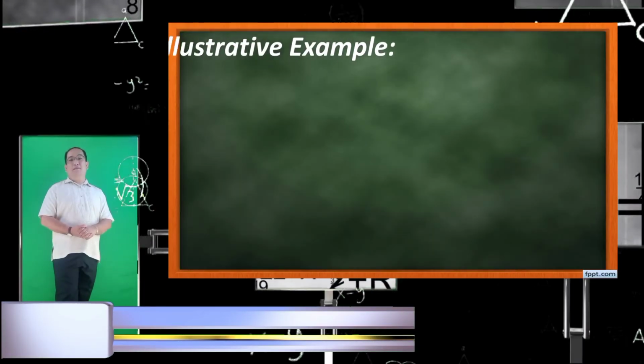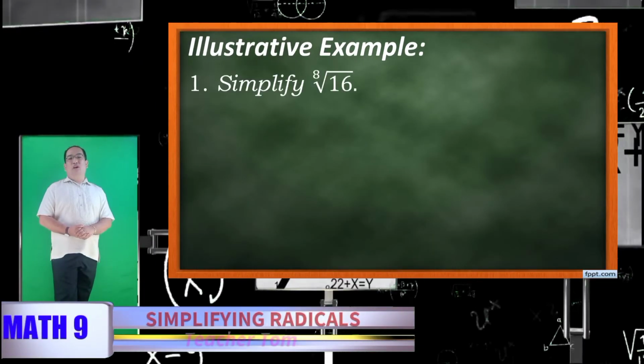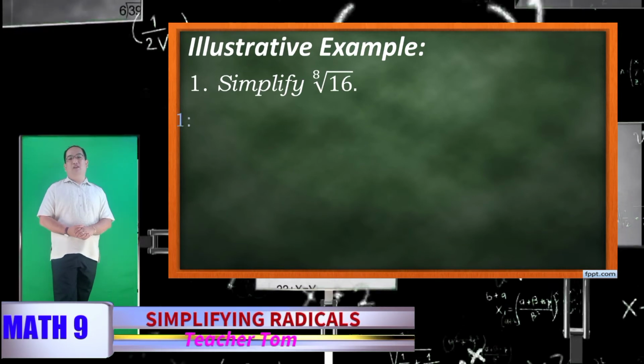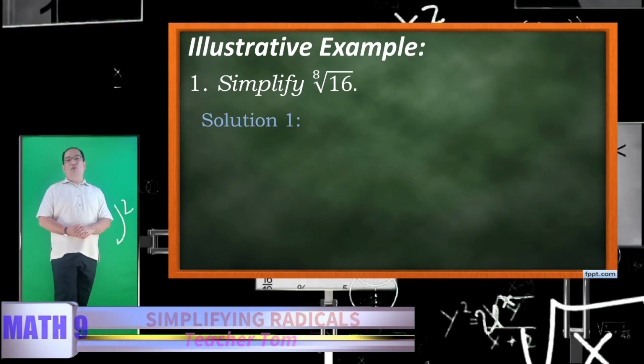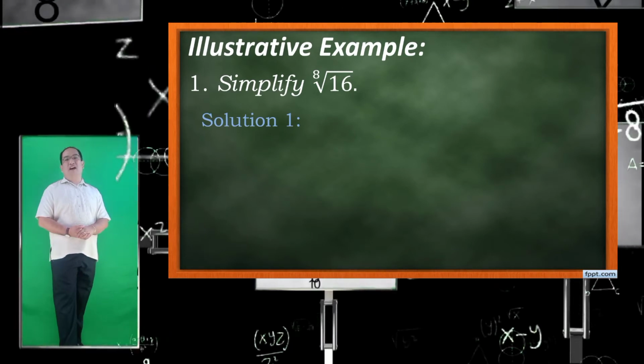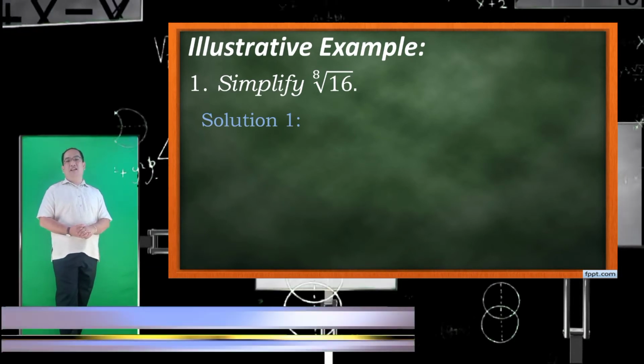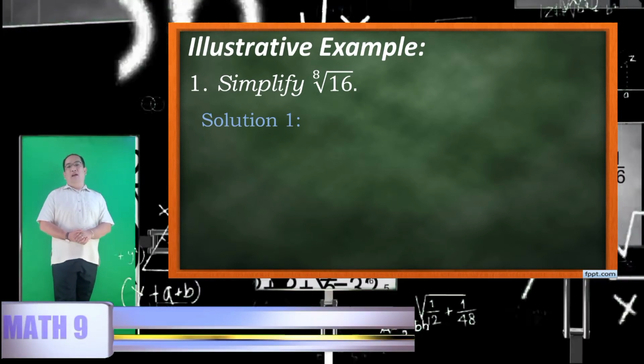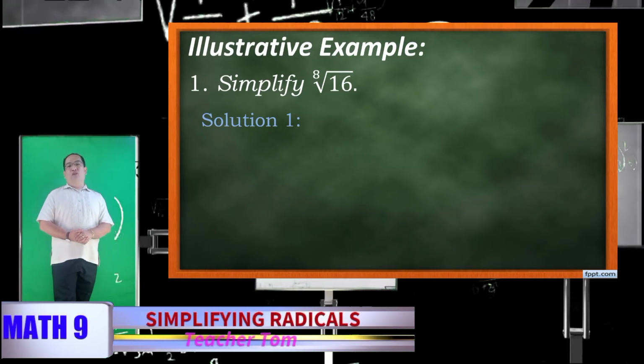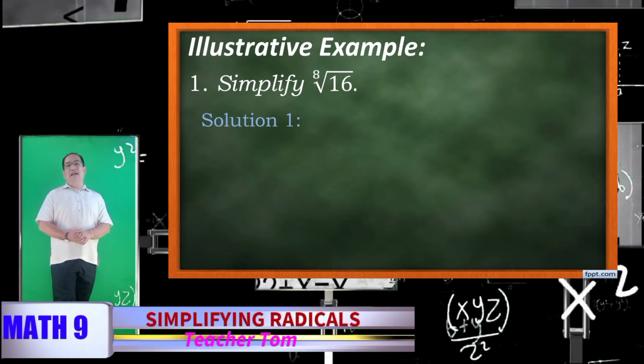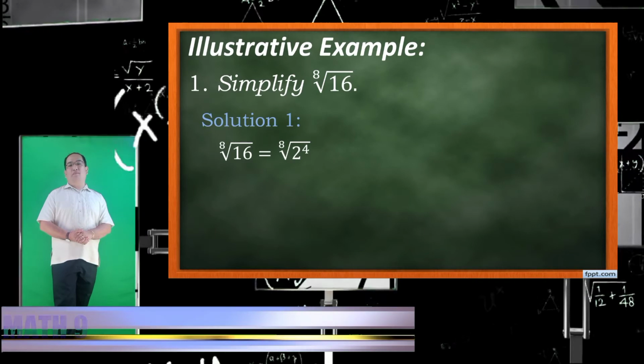Number 1, simplify the 8th root of 16. So in this case, we have two possible ways on how to simplify this. Let us consider the first solution. 8th root of 16 can be expressed as 8th root of 2 raised to the 4th power.